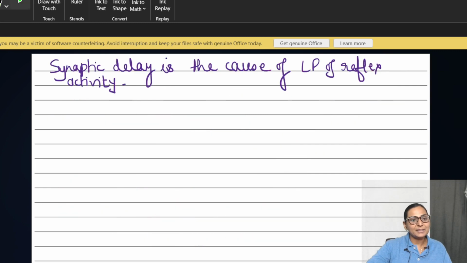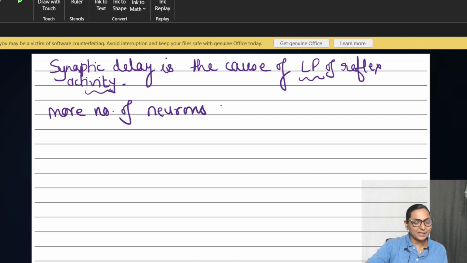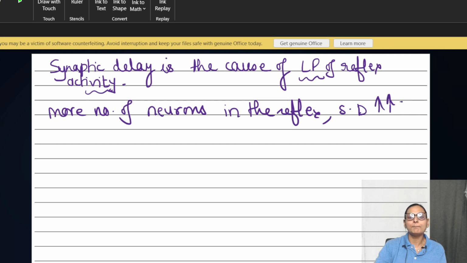So actually synaptic delay is the cause of the latent period of the reflex activity. So when you are eliciting any reflex, there is always going to be a small amount of delay in the appearance of the response. That is what is latent period. So the synaptic delay is actually responsible for the latent period. Something very interesting, if there are more number of neurons in the reflex, then obviously the synaptic delay will be more.